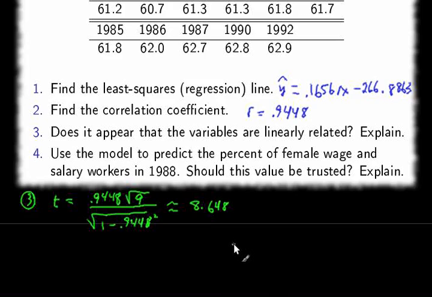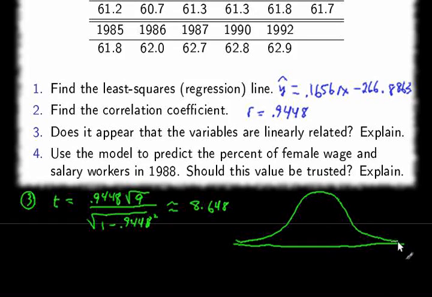Okay, now we calculate the area of the tails, putting on T9. We put the T statistic way over here, so this is about 8.648. Again, we make this symmetric, and we're interested in the two tails.